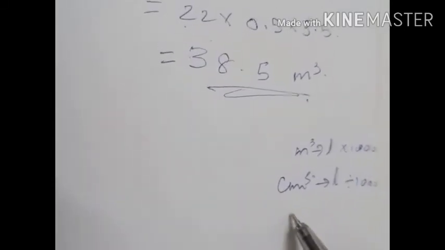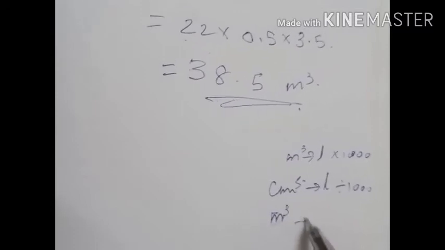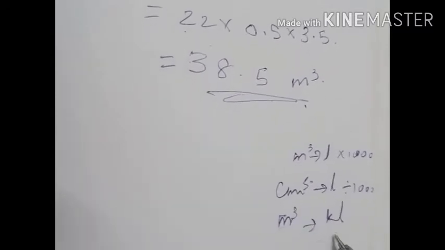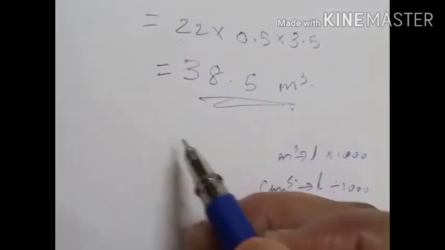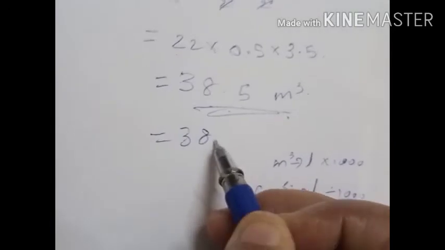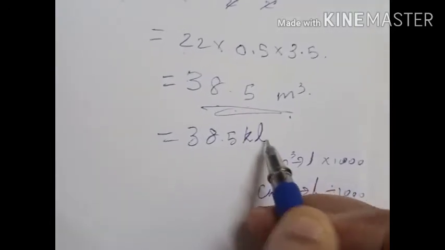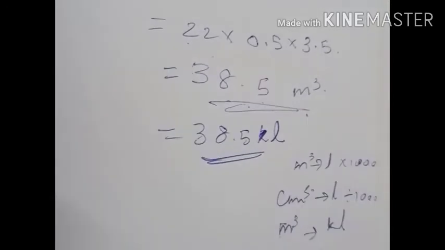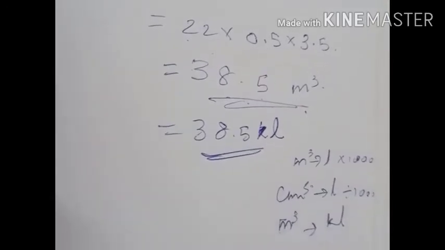So meter cube to kiloliter, no need to do any operation. Directly we can write the unit. So here 38.5 meter cube is the same as 38.5 kiloliters. This is the answer.